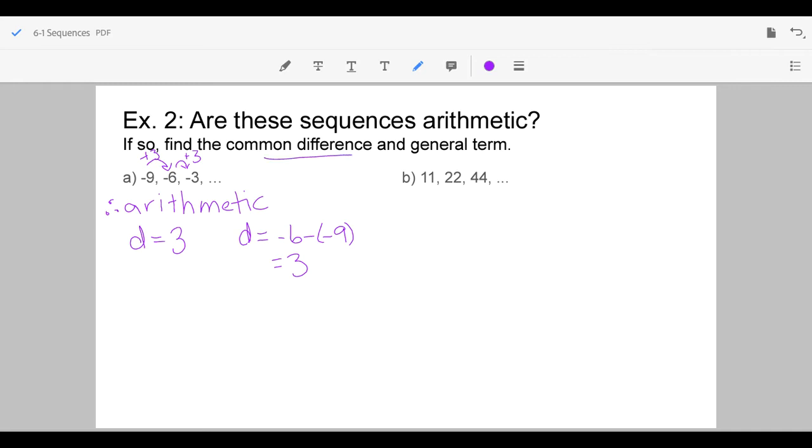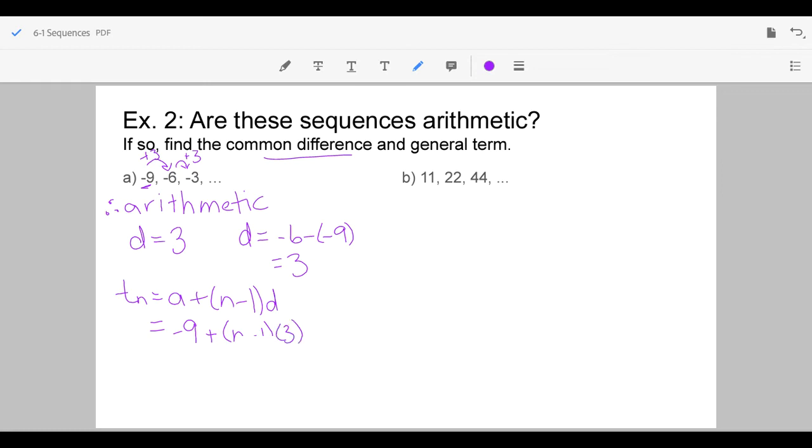So the general term, term n, is equal to a, our initial term, term 1, plus n minus 1 times d. We know our first term is negative 9, plus n minus 1, and we know our common difference is 3.